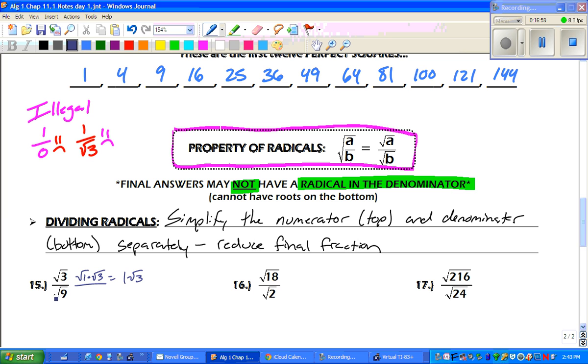But now what about the bottom, the square root of 9? Well, the square root of 9 is 3, and so we just carry that over. The key thing here is you cannot cancel those two things because these are two totally different numbers. You can't just be like, well, they both got 3, so I'm going to reduce them. You can't do that. That's your final answer.